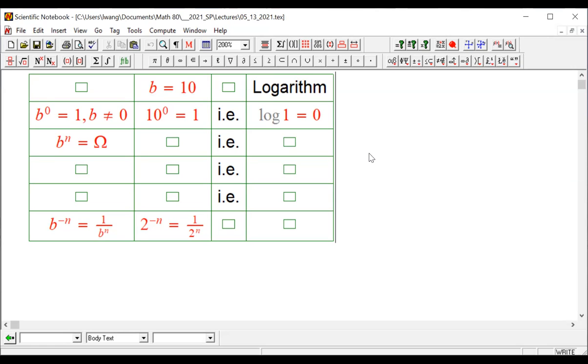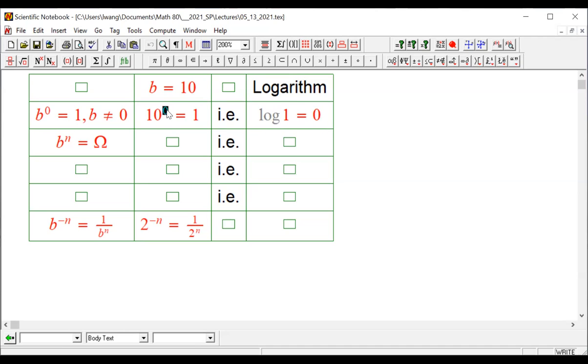It's called a common log because it's used often in a lot of practice. For example, it's used in the earthquake expression, right? So when we say 10 to the power 0 equals 1, what does that mean? That means log base 10 of 1 is equal to 0.